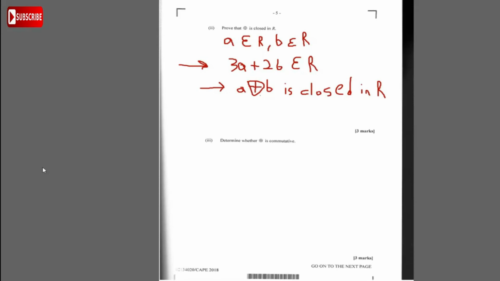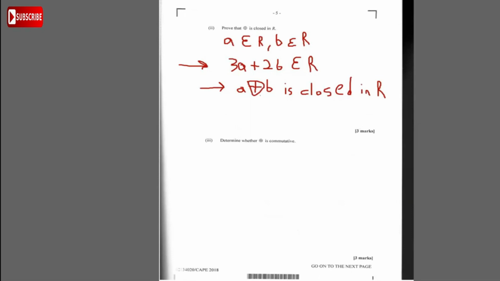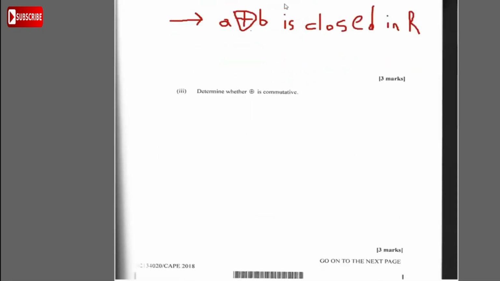So as we showed around here, we got 5 circle plus 2 is 16. So the easy way would be to just check if 2 circle plus 5 is the same. So let's write it down. We got that 5 circle plus 2 is equal to 16.